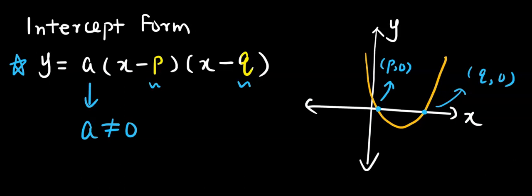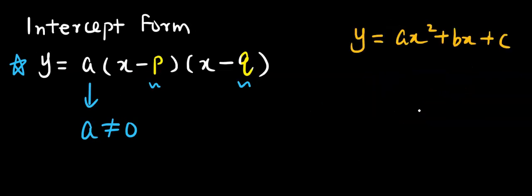One more thing. Besides immediately telling us where the intercepts are, we can also use this to find the axis of symmetry. Recall that when we are working with the standard form, y equals ax squared plus bx plus c, the axis of symmetry is x equals negative b over 2a.